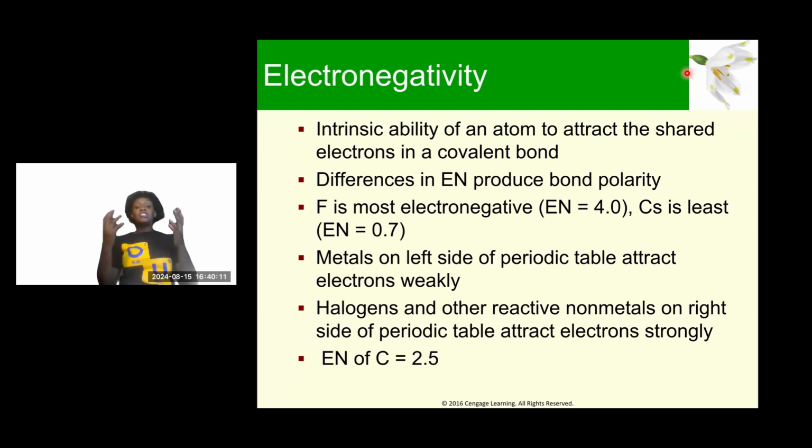And just so that you guys know, the electronegativity of carbon is 2.5. And so when a carbon is connected to something, if carbon is the more electronegative atom, then the dipole moment is going to be moving towards it.